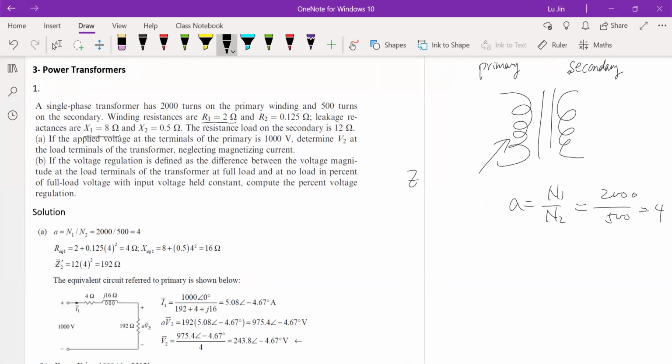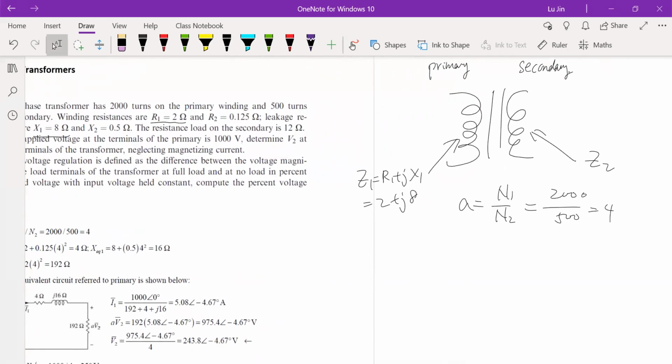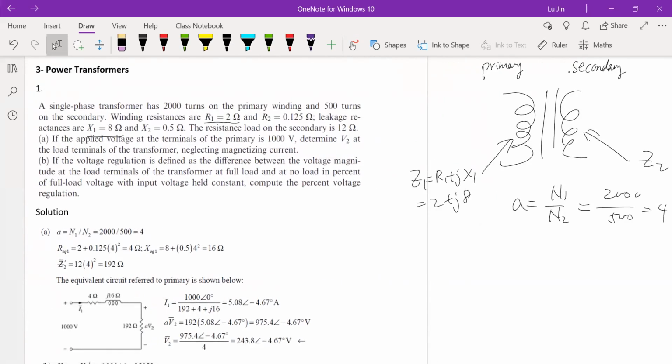We call that Z1, which is equal to R1 plus jX1, equal to 2 ohms resistance plus 8 ohms reactance. For the secondary side coil, the same thing. We call that Z2, the secondary side coil impedance, which is not ideal as well. The resistance for the secondary side coil is 0.125 ohms, and the reactance is 0.5 ohms.